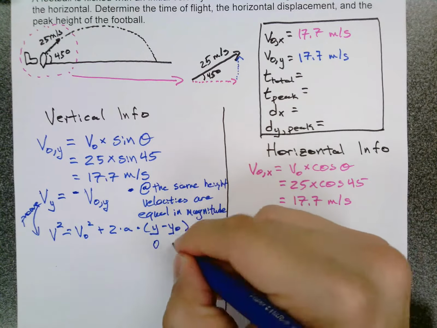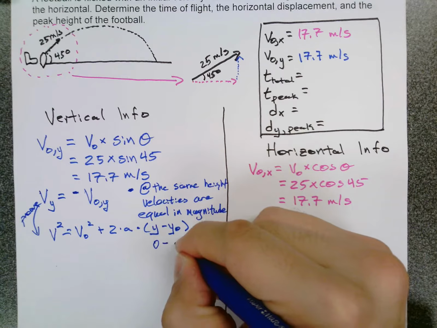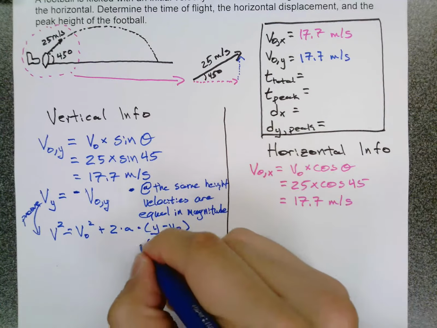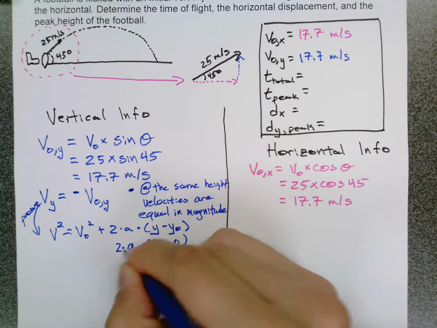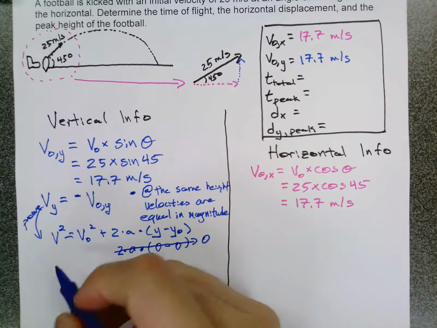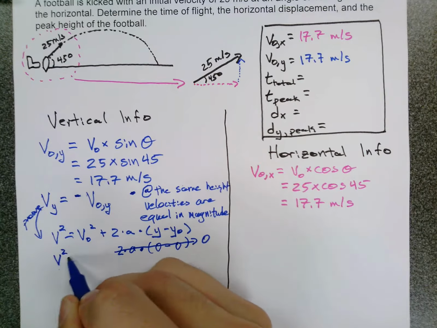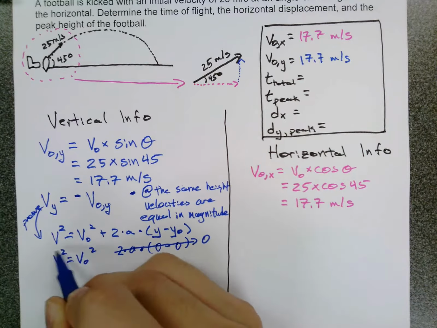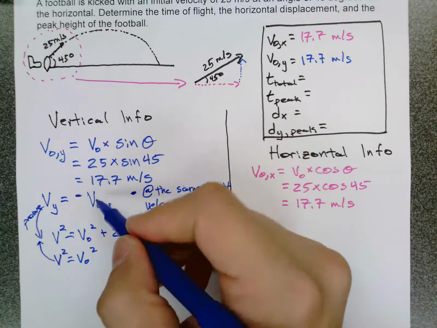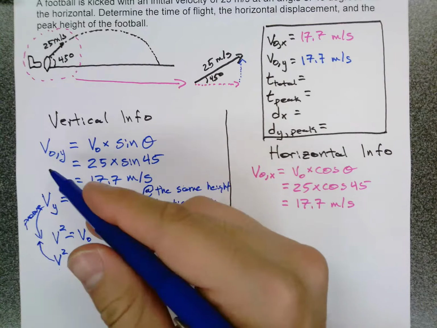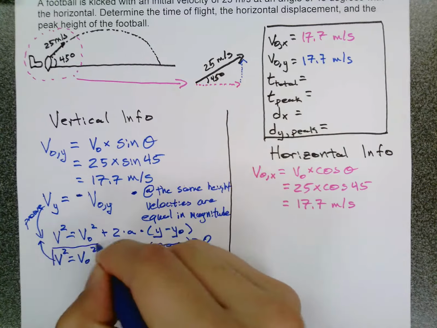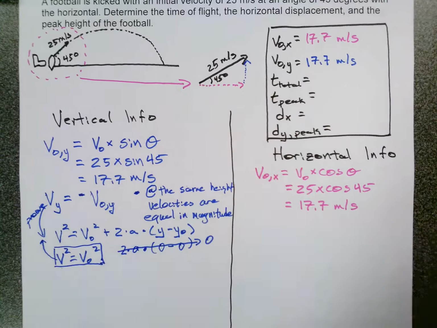The final height is 0, and the initial position is also 0. 0 minus 0 equals 0. If you multiply it by anything, this all cancels out to be 0. So if that's the case, we have v squared is equal to v0 squared. If you take the square root of both sides, you'll know that the initial velocity is going up, so that's positive, and the final velocity is going down, so that'll be negative. So that should be enough of a proof for us.